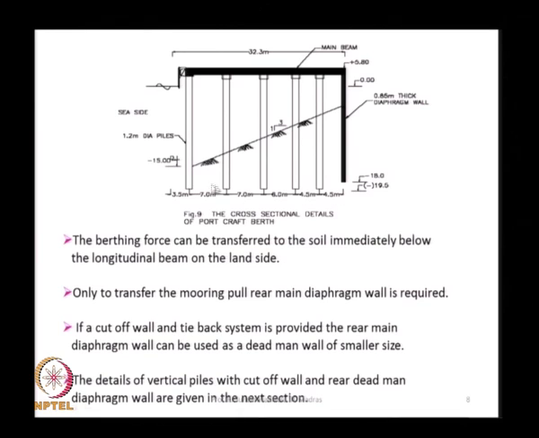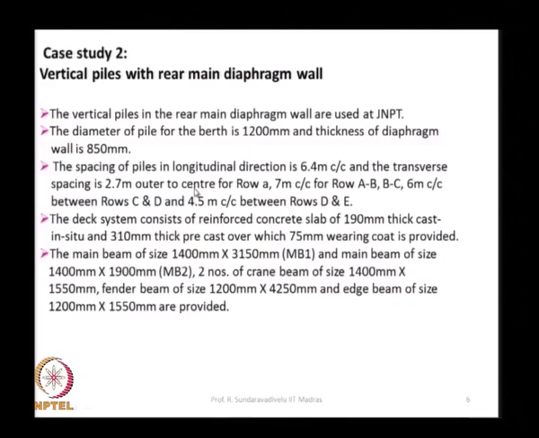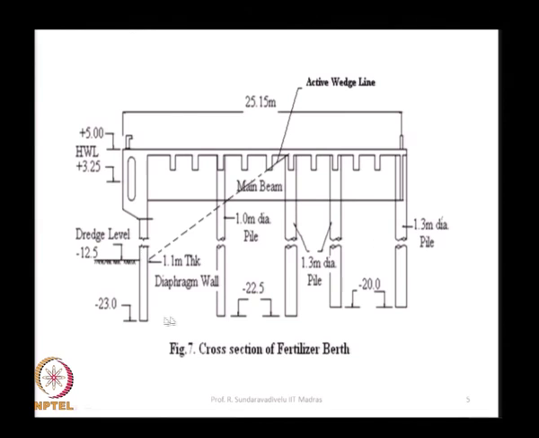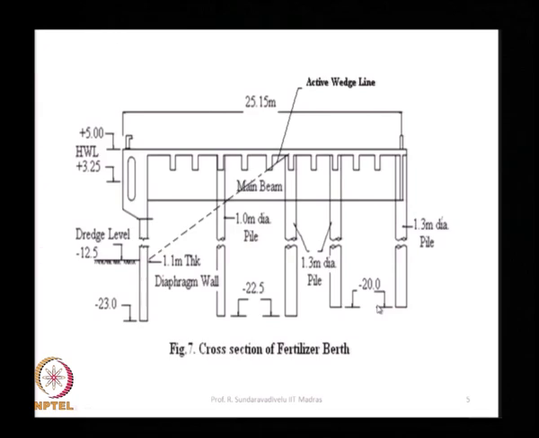It depends on the soil profile. Here we have rocks available, that is why though the dredge level is minus 15, we are stopping at minus 19.5. So if you provide a rear diaphragm wall, the founding level can be lesser compared to the piles, whereas in the other case, the front diaphragm wall is minus 23, whereas the rear piles are minus 20.